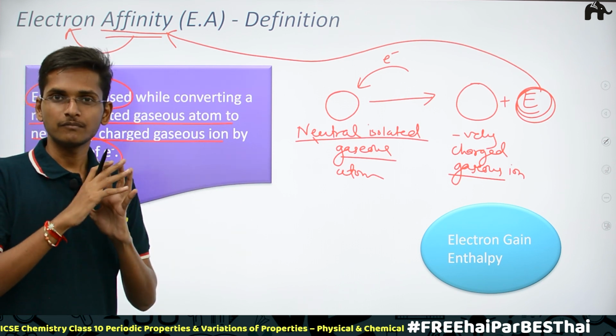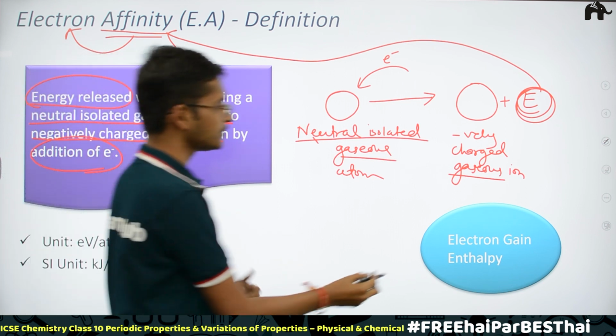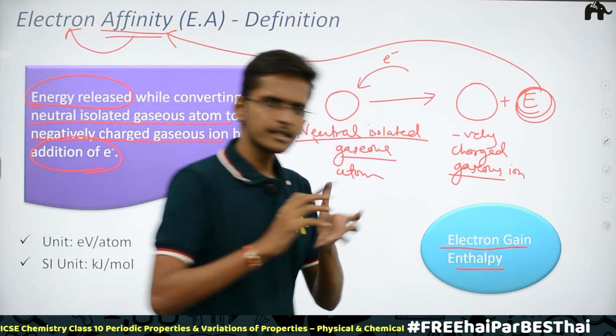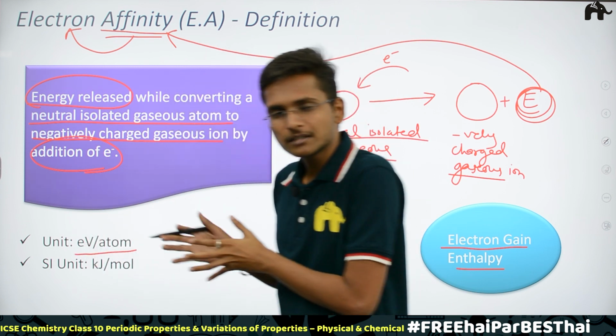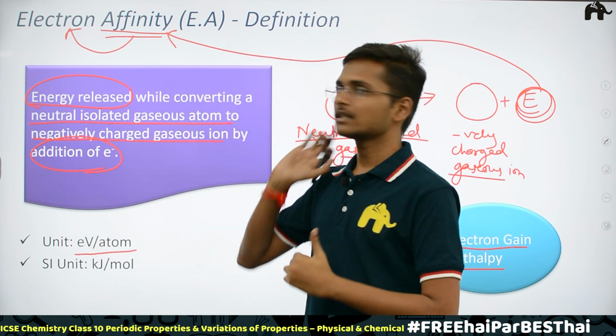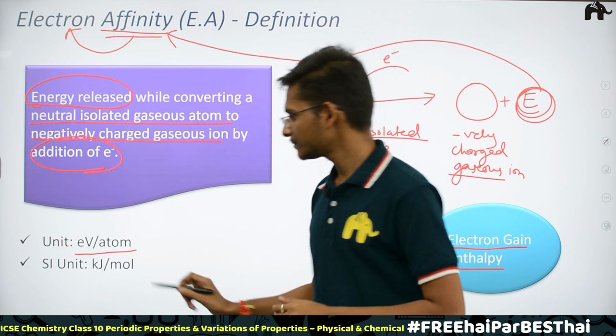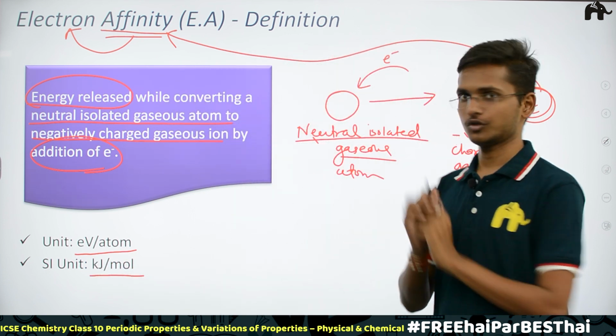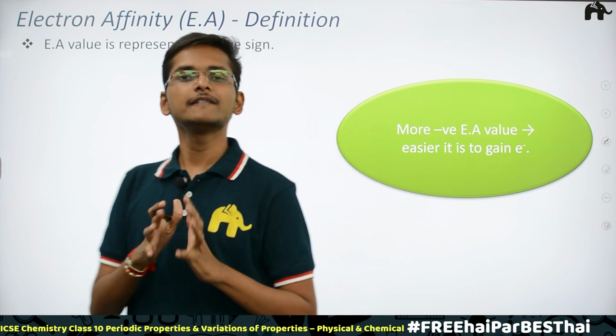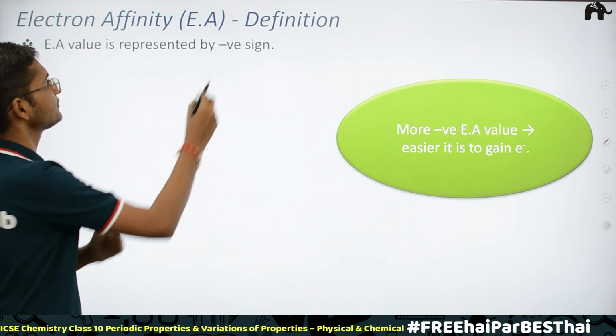It is also called electron gain enthalpy, and it is simply measured in the units electron volt per atom, and the SI unit to measure electron affinity is the same as that of ionization energy, kilojoules per mole. The electron affinity values are represented by a negative sign.